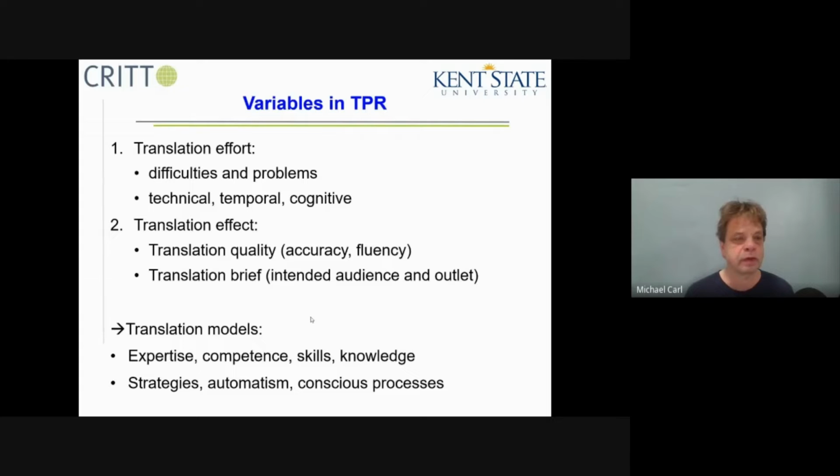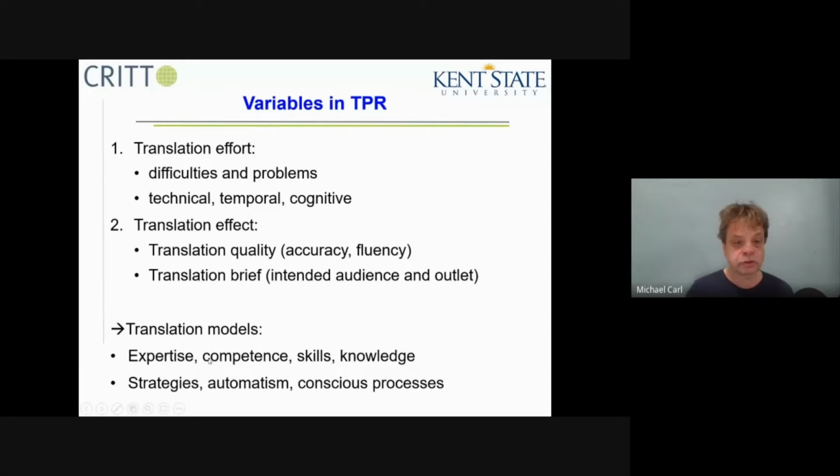What are skills? What are translation skills? What kind of knowledge is required for a translator to do his job? And which of all this will decrease the effort and increase the effect, right? So increase the relevance of the translation.